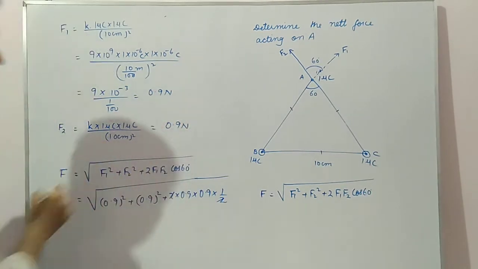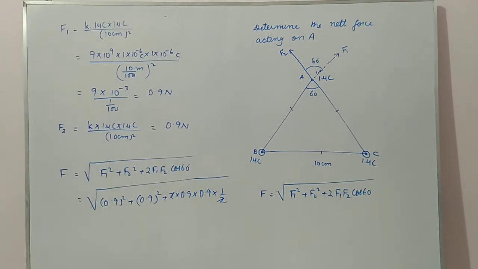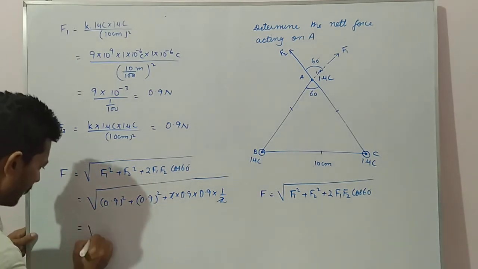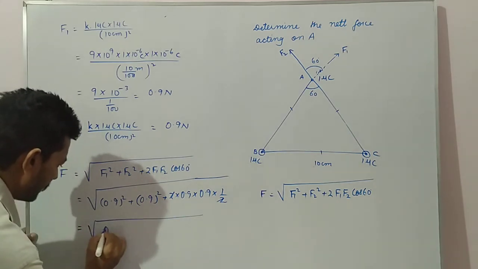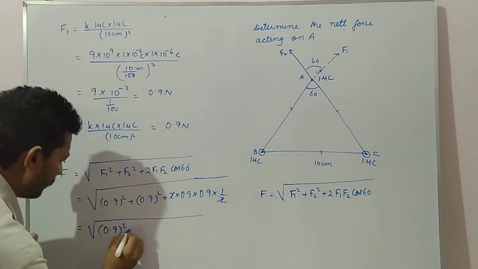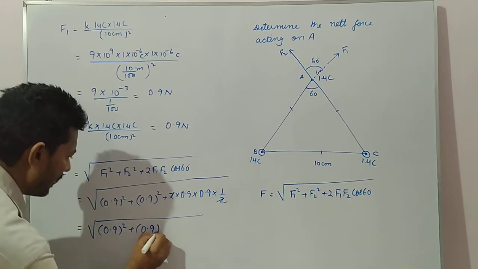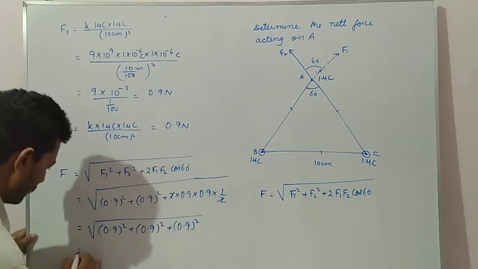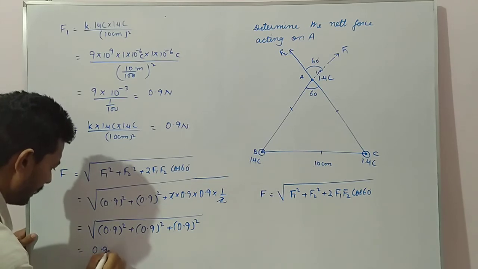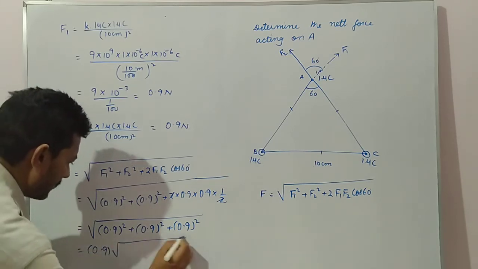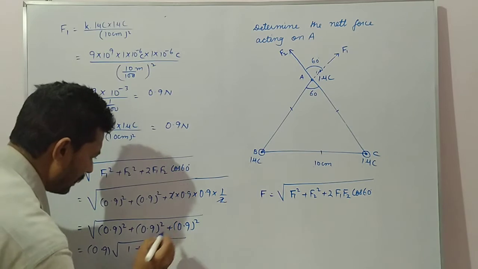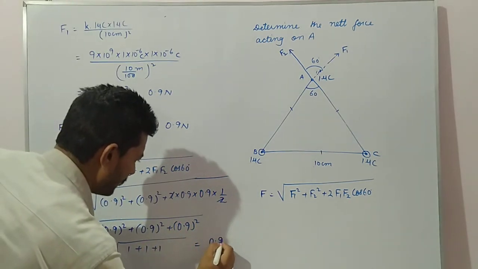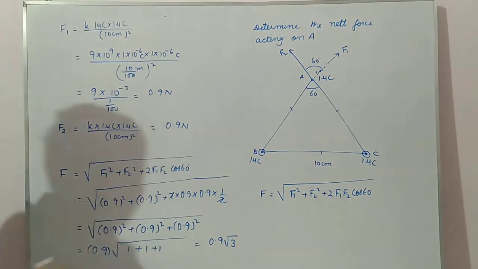So these two will cancel out, and you get 0.9 the whole square three times. Taking 0.9 common, you get 1 plus 1 plus 1, that is 0.9 root 3.